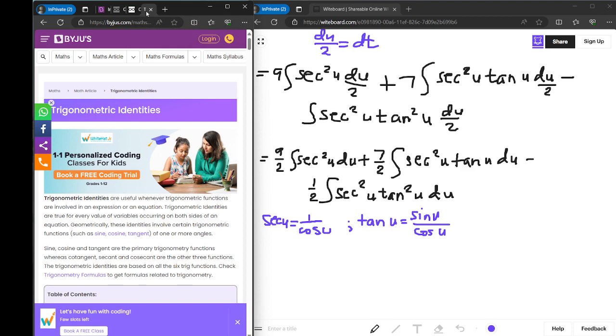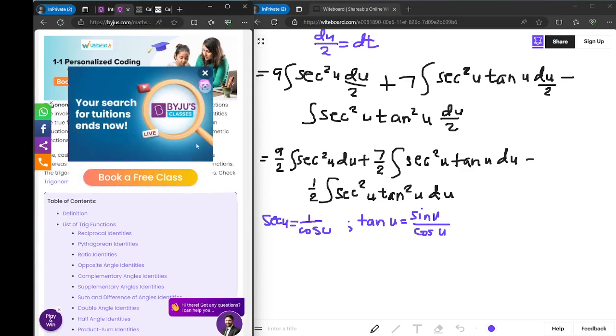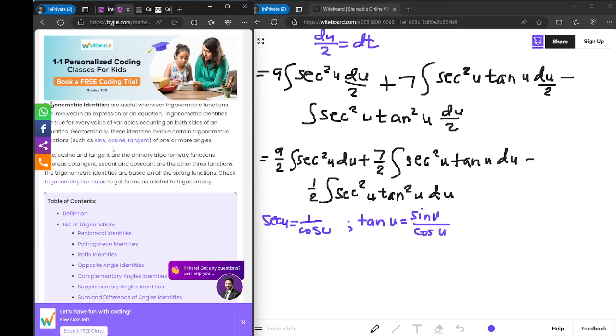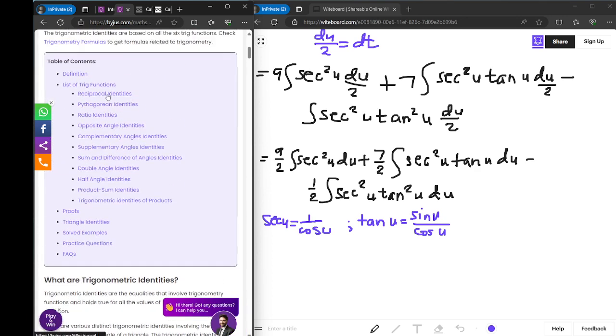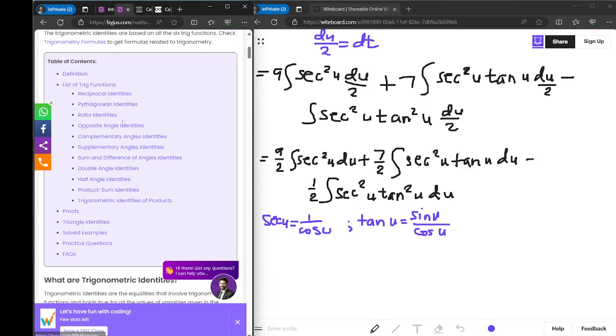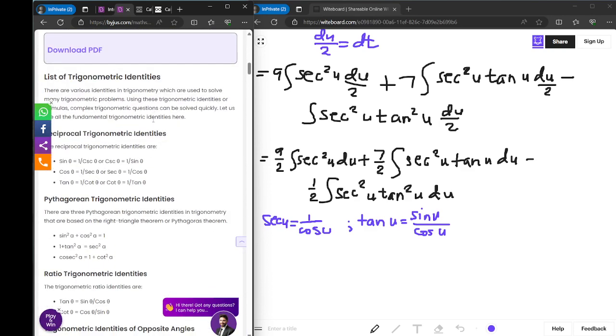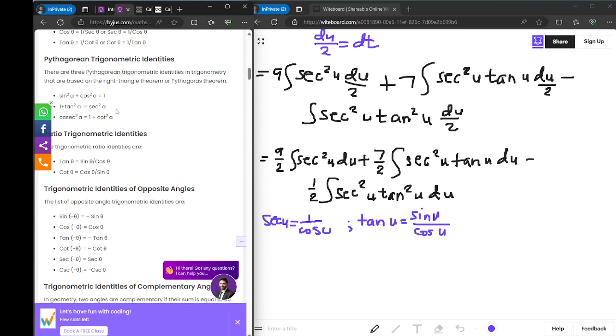Where are you? Right. We have here 1 plus tangent squared is equal to secant squared.